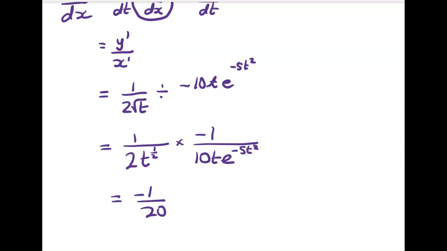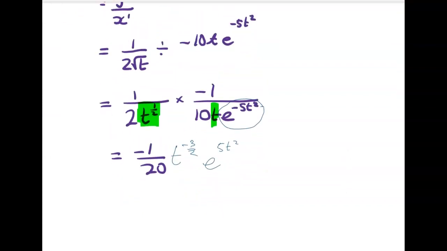Now, carefully combining the t's, I've got t to the power of a half here and t here. So that gives me t to the negative 3/2. And I've got e to the negative 5t squared, but in the denominator, so that's equal to e to the 5t squared. Okay, so far so good. So that's dy by dx.